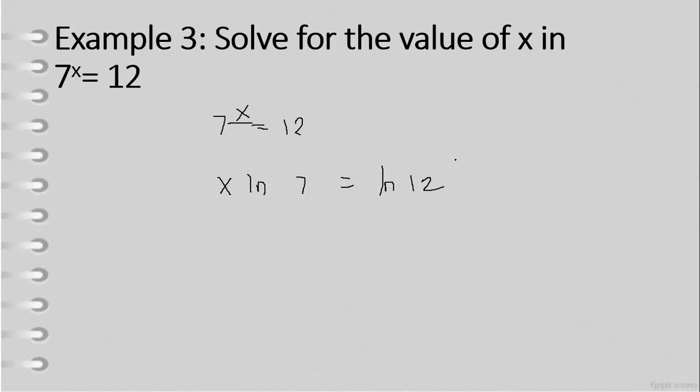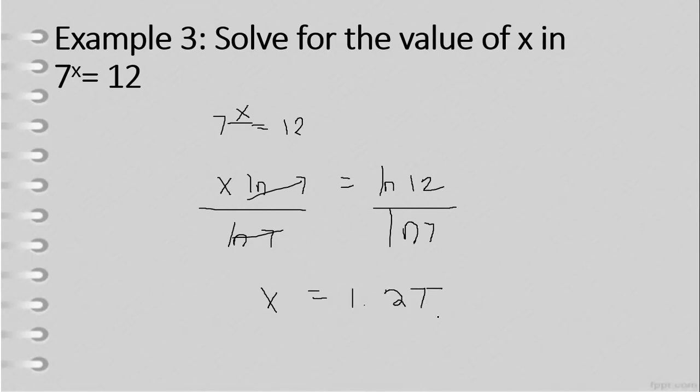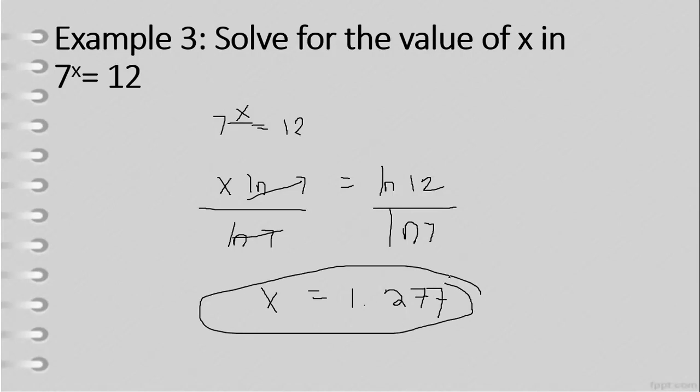To get the value of x, divide both sides by natural logarithm of 7, so that x is left. Division property. Using a calculator, we get 1.77 for the value of x.